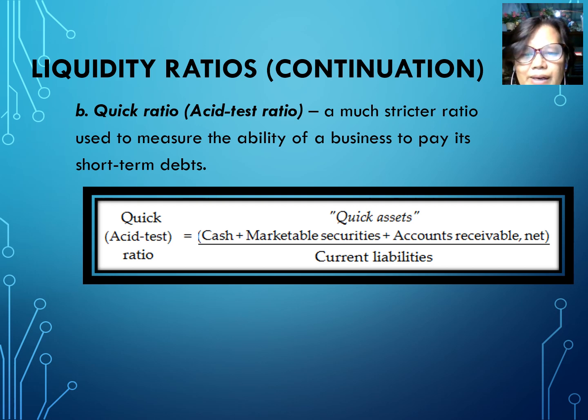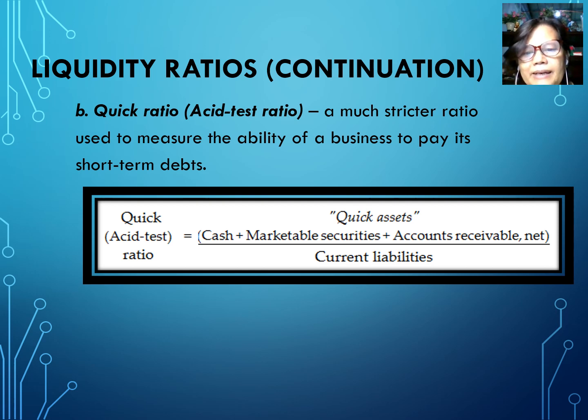So, yung tinatawag nating quick assets. Quick assets in the sense that it can be readily convertible into cash. So, remember that marketable securities is next to cash. Okay, hindi kasama dito ang inventory kasi mas madaling ma-convert ang tatlong items na ito.